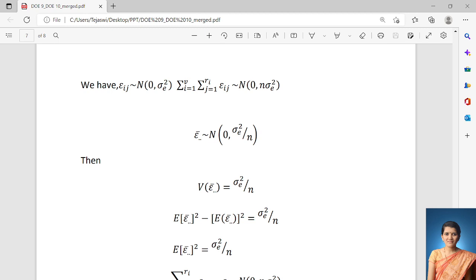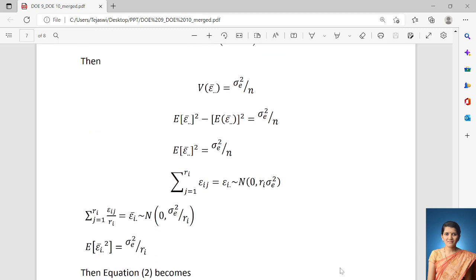Similarly, we calculate the value for epsilon i dot bar. Epsilon i dot bar is normally distributed with mean 0 and variance sigma square divided by ri. Because the mean is 0, the expectation of epsilon i dot bar square is directly the variance, which is sigma square divided by ri.